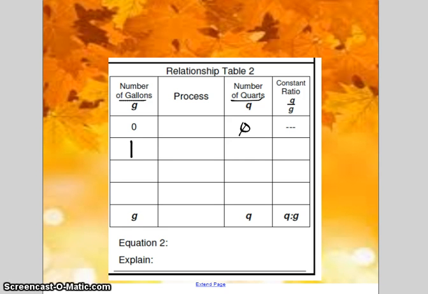If I have 1 gallon, I'm going to have 4 quarts. 2 gallons is 8 quarts, and 3 gallons is 12 quarts. All I'm doing is switching my numbers. In relationship table 2, my X and my Y axis have been flipped from relationship table 1.